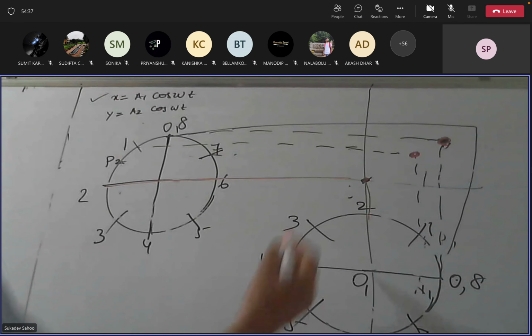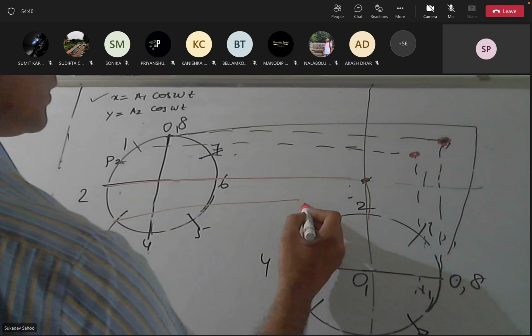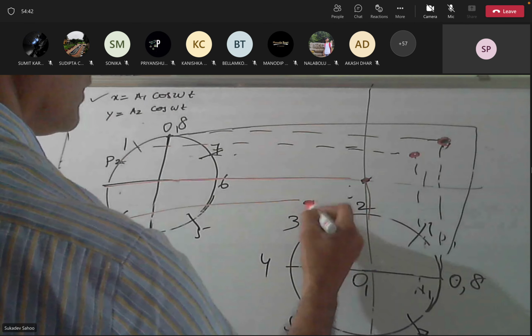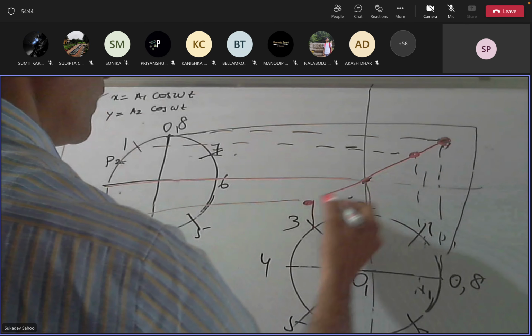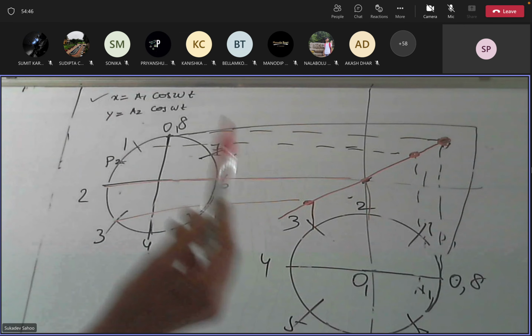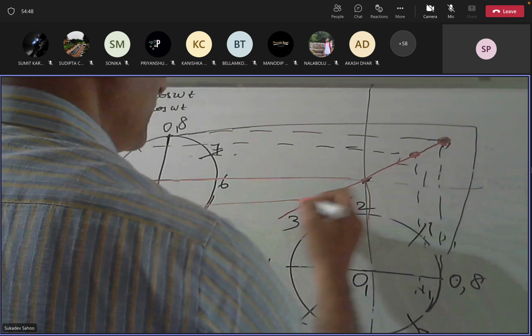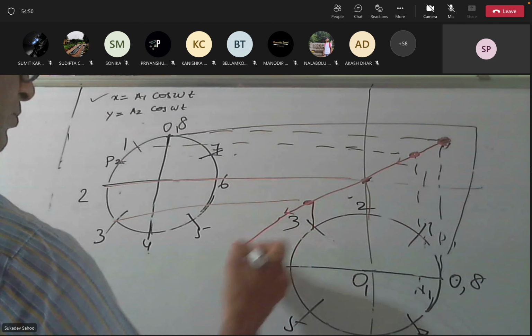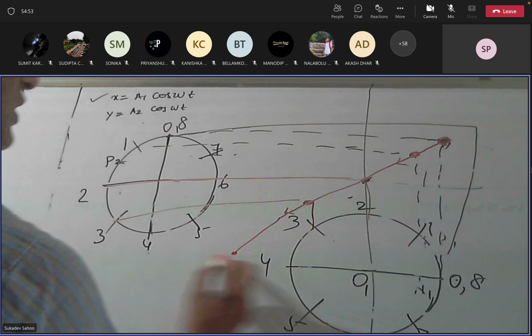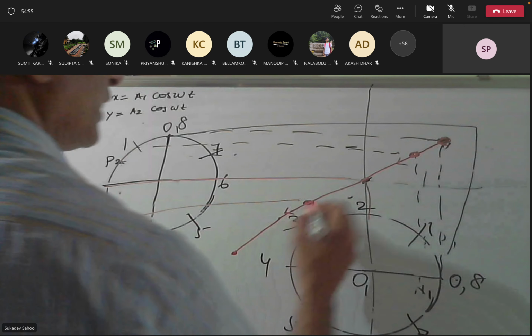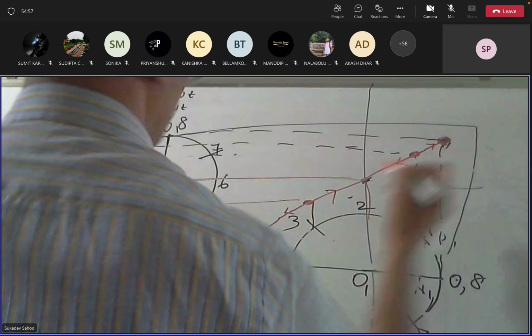Then this point, 3, 3. In this way, you will get the points. Now you have started from 0, 0, so the direction will be like this. This is also another point, 4, 4. Again, it retraces its path.